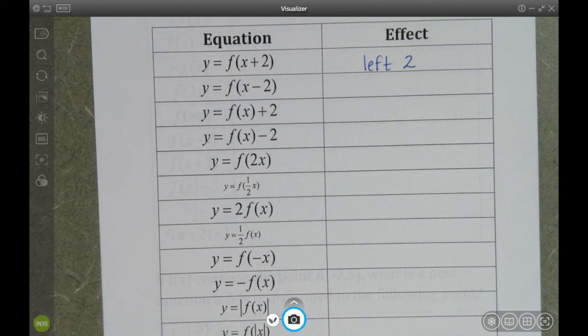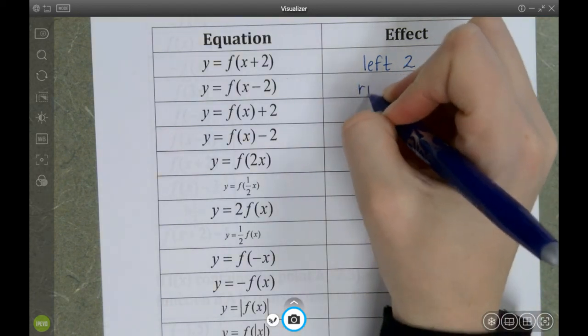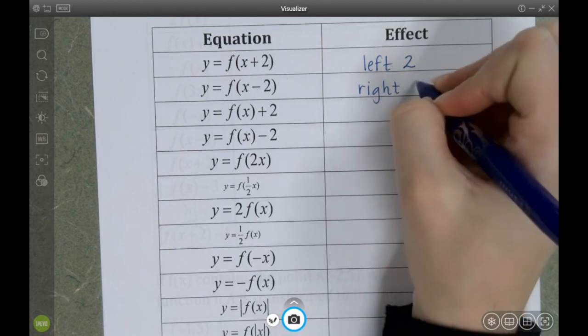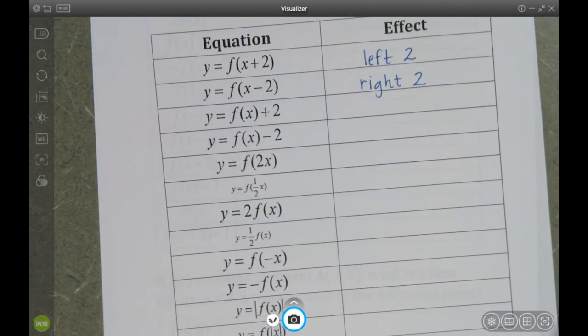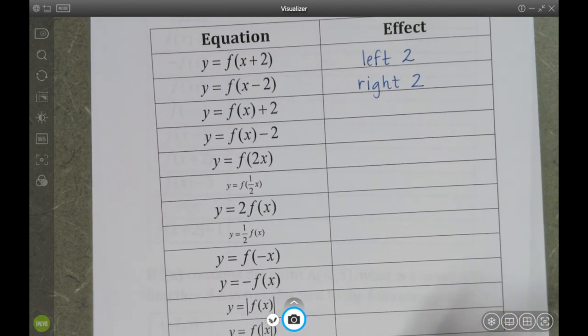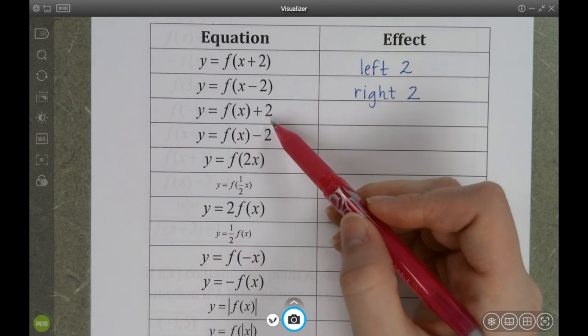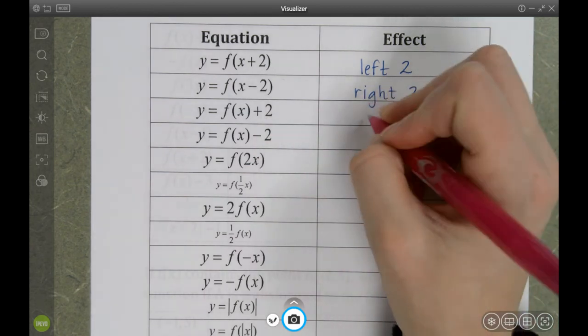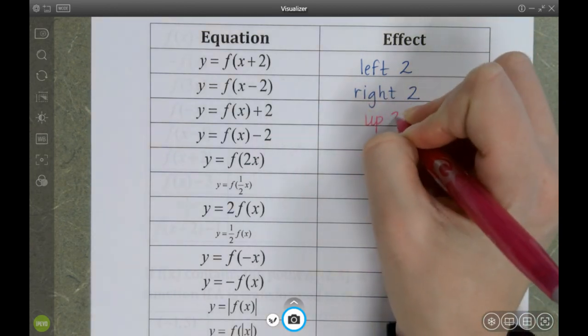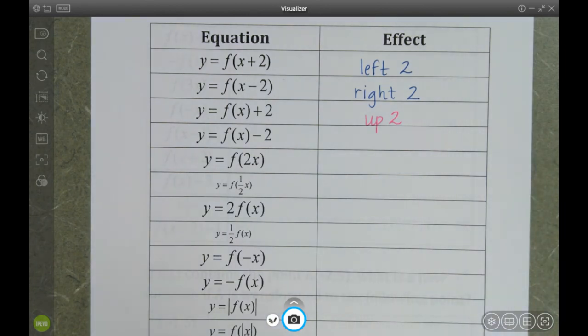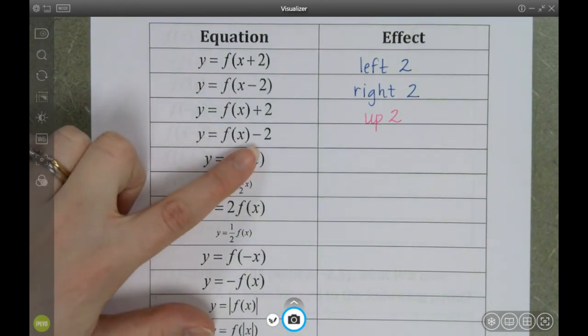It went the other direction, it went to the right 2. What about when we added 2 on the outside? It went up 2. And when we subtracted 2 on the outside, down 2.